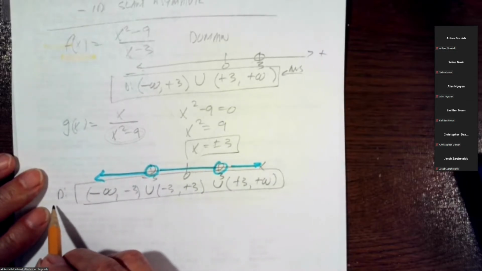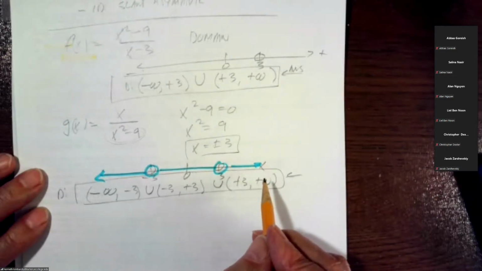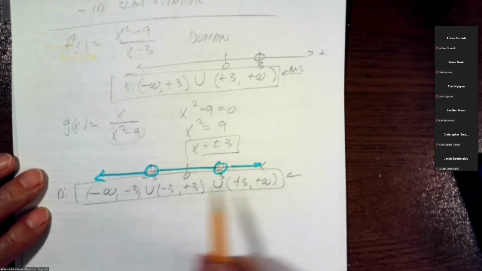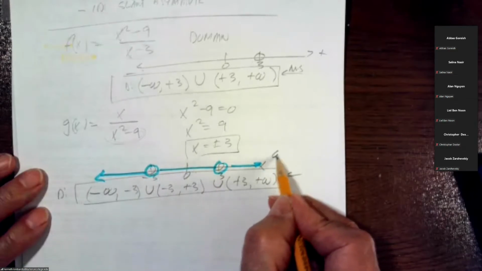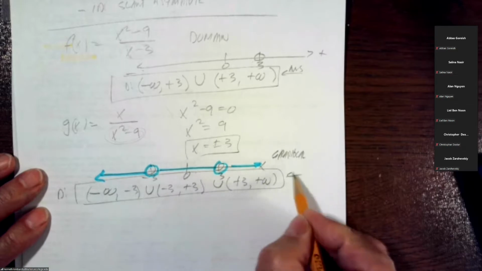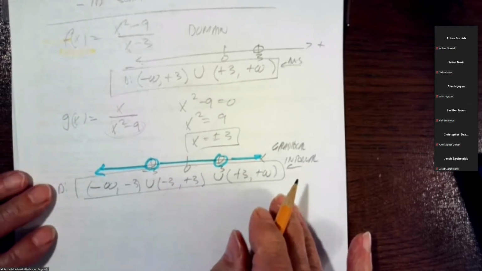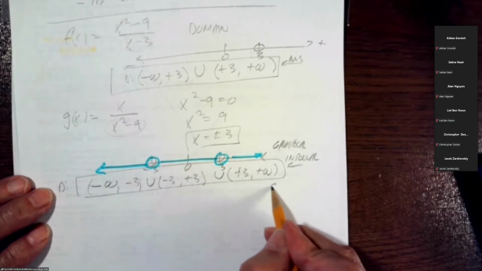So that would be how we could list our domain. Okay, questions on that at all? So we've listed it, here's graphical. Here it's interval. Remember the other notation that we could use, set notation?